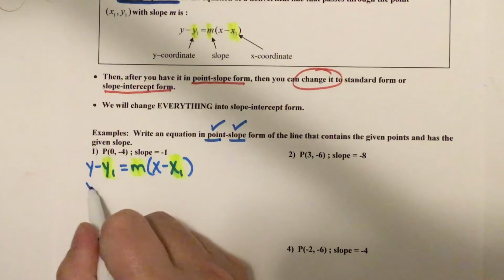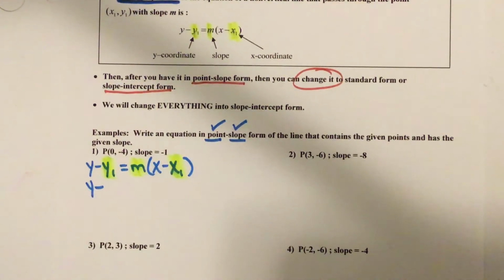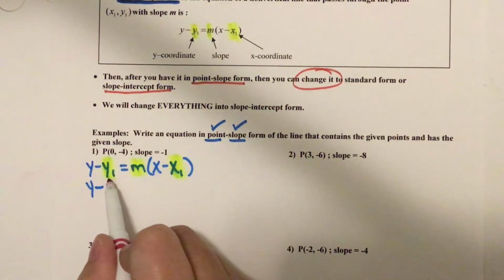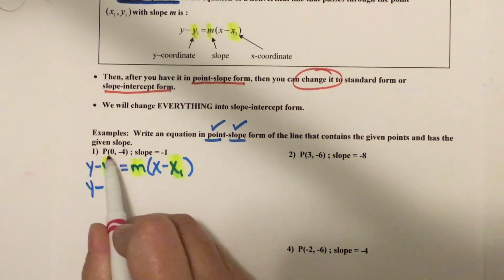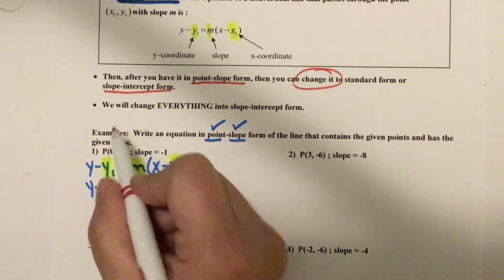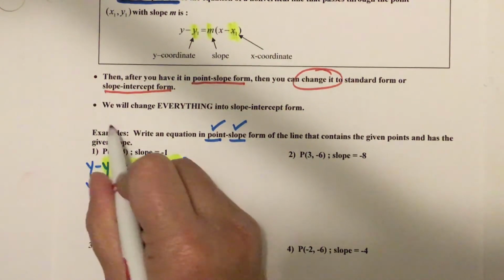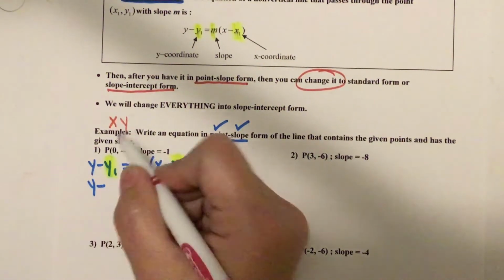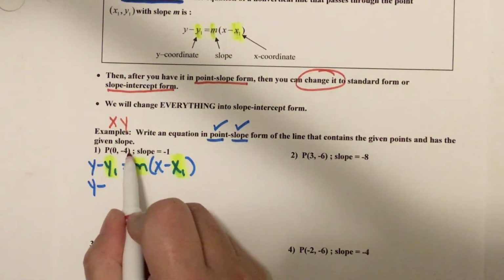So it goes y minus, and then this wants the y coordinate of your point. So which of these is the y coordinate? The -4. Remember, x comes before y in the alphabet, and x comes before y in an ordered pair.